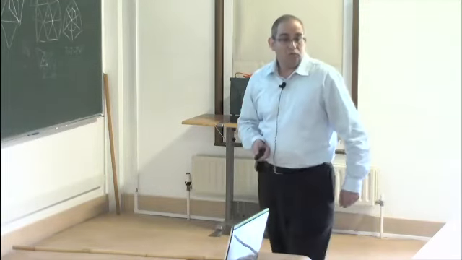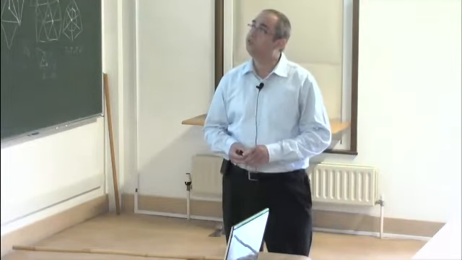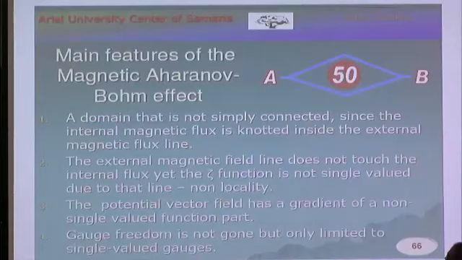Now, what this shows you is that really you have kind of what I would call a magnetic Aharonov-Bohm effect. Well, what is the analogy between magnetic helicity and what we saw in the Aharonov-Bohm effect? Well, you have a domain that is not simply connected, since you have some internal magnetic flux which is knotted inside the external magnetic flux line.